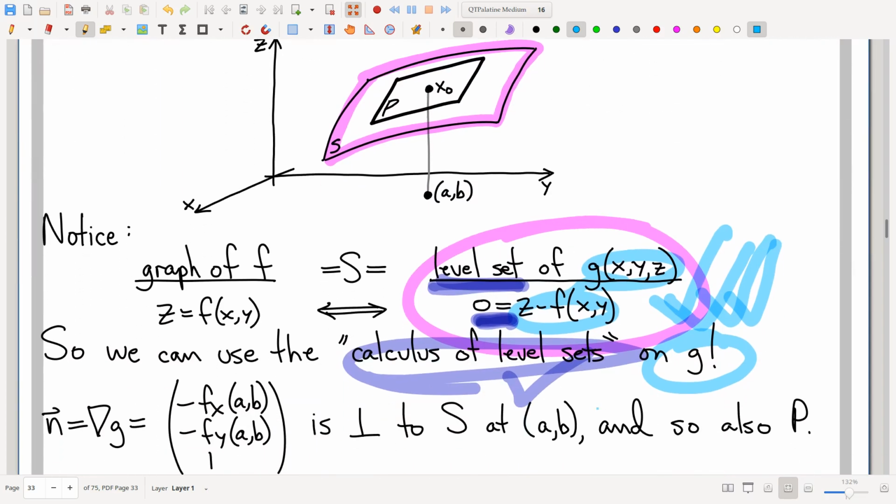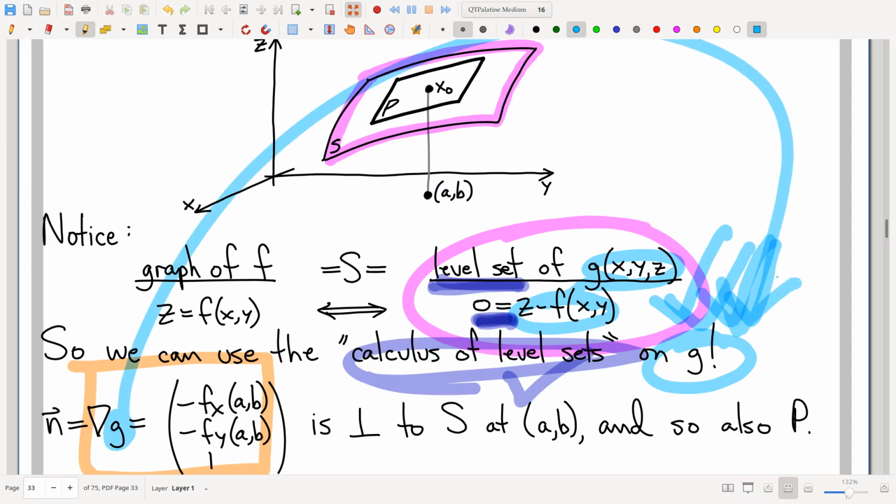So, all right, well, sweet. I have myself a level set here, and so the gradient of that function whose level set I'm looking at is perpendicular to the surface.